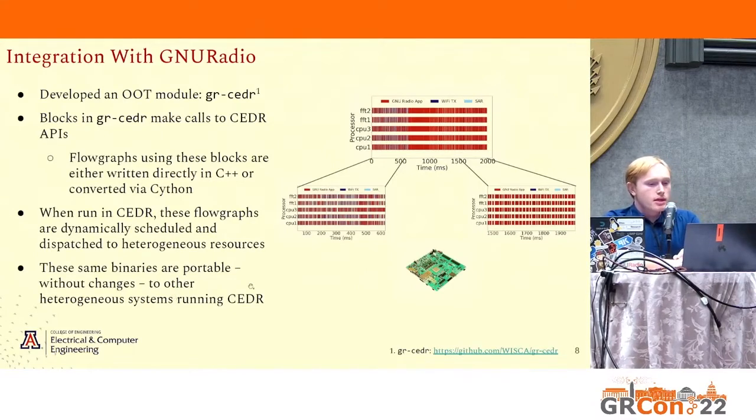And so one example flow graph shown on the right here is just a demonstration we'd done on an FPGA system, a Xilinx ZCU102. It had a couple of FFT accelerators and GEMM accelerators. And we have one GNURadio radar correlator application sharing the system with two non-GNURadio applications of Wi-Fi transmit and synthetic aperture radar.